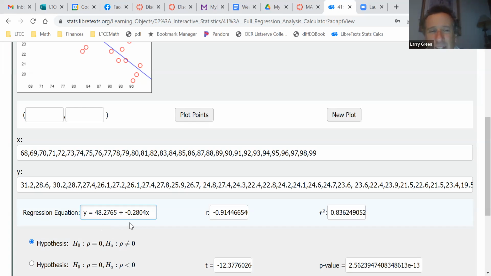There's a reason, which I can't get into, that you write it this way instead: y-intercept plus slope times x. Everyone writes it that way, but the reason is difficult. I'll stop there.